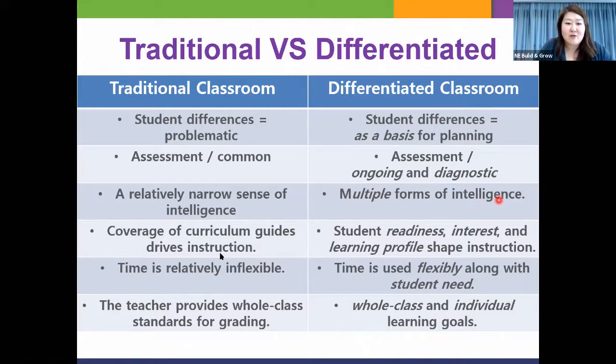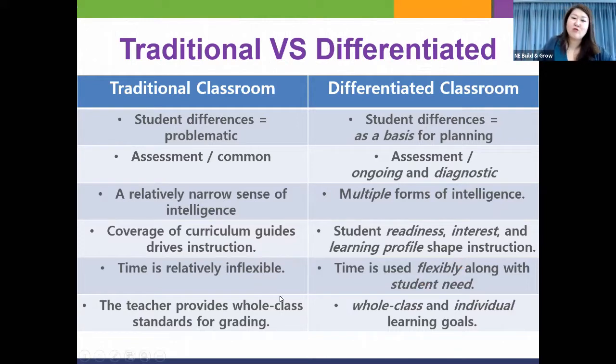And curriculum, when we cover our curriculums, we always think about the set of instruction. But now our instruction is varied, depending on our students' interest, readiness, and learning style. Now we are aware of that, so we can be flexible with this.